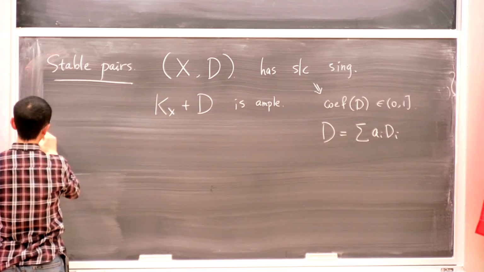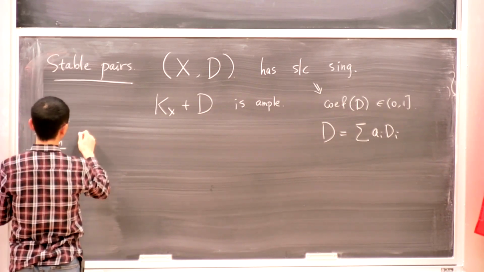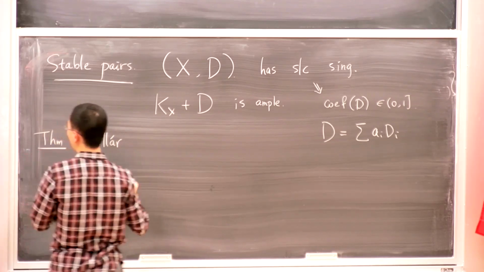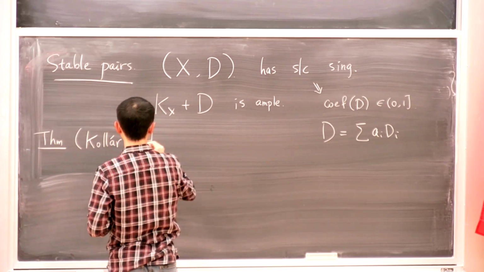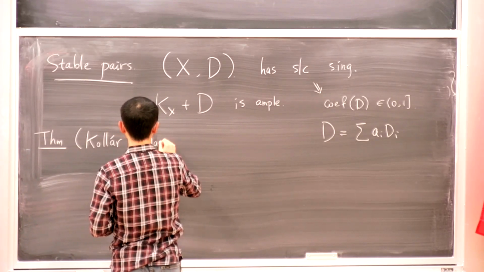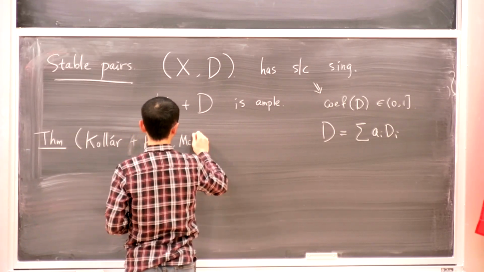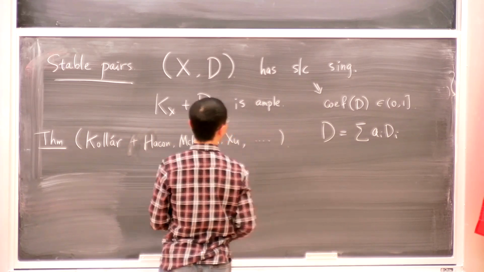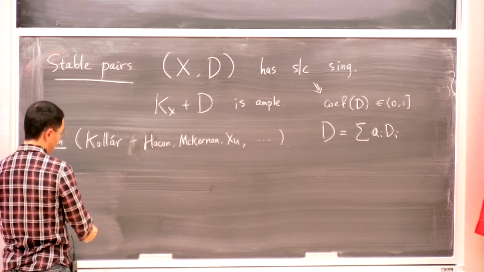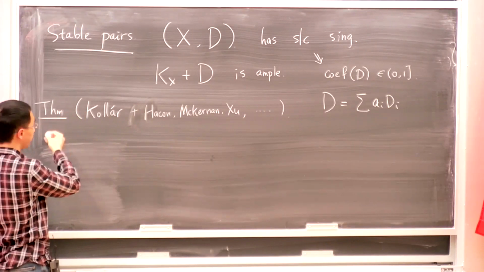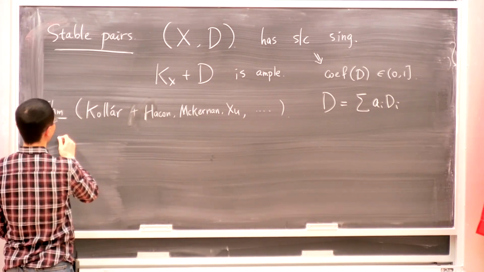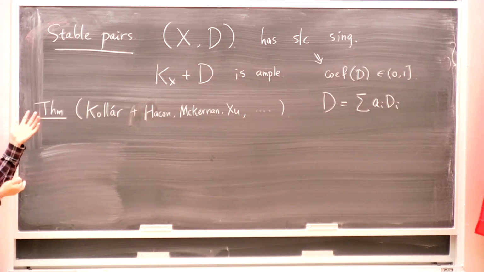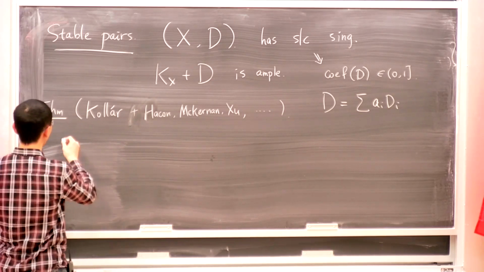So one of the big theorems in the past several decades, which follows from the work of Kollár, but also works of Hacon, McKernan, Xu, etc., and maybe several others. What this theorem says is that if you consider these stable pairs, then there is also a projective moduli space parameterizing this kind of higher dimensional objects.